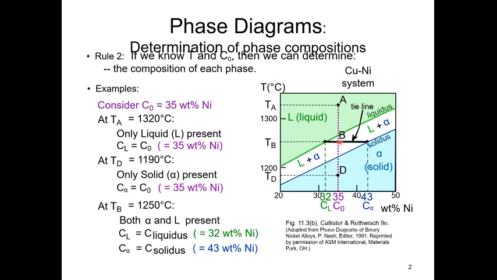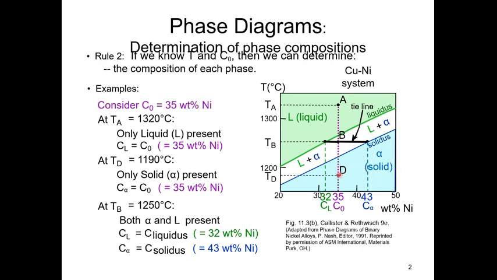So nanti kita akan tengok on the next slide. Okay, tapi when you go further down, sampai this D symbols ni, as at 1190 degree C, kat sini. So you can only observe one phase, which is the solid phase.